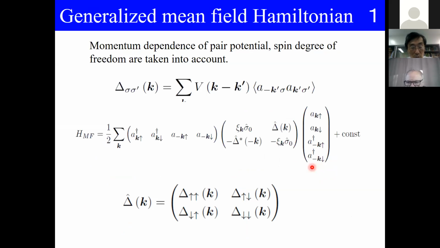Then how to express this in mean field style? It is possible if we introduce spin degrees of freedom into the pair potential, into the gap function. It is formally written like that, so the original Hamiltonian is extended from 2x2 to 4x4.